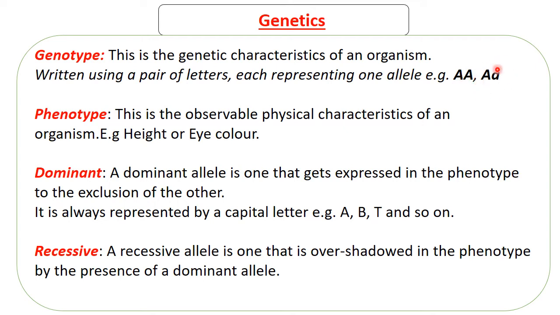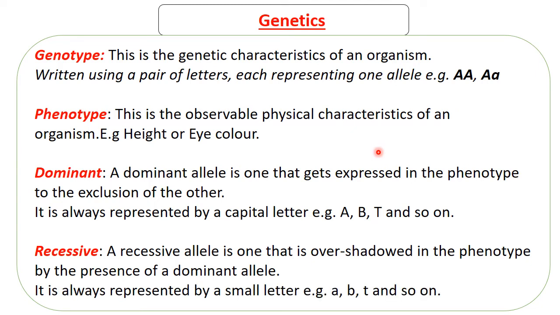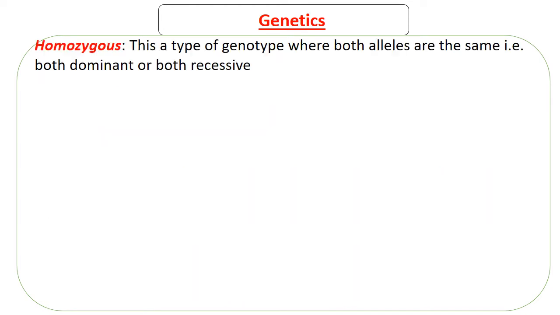But this other one is tall, but there is some shortness, so there is a chance that this one can have a short child. The allele that you cannot see when there's a dominant is called a recessive. This one is a dominant, which is always seen when present. The recessive is always represented by a small letter, like I said.